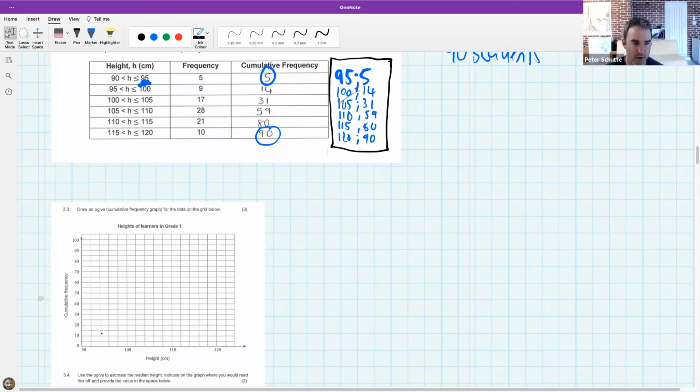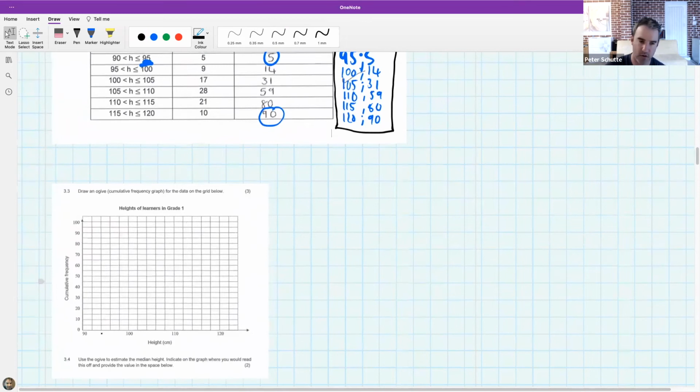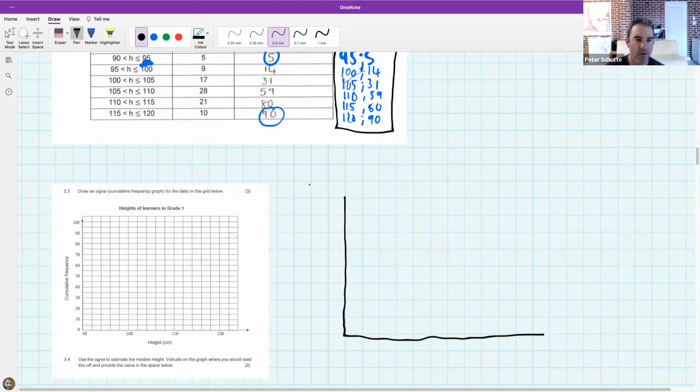But I want to give everyone enough time to do this. So think about what are the steps you need to go through. And clearly you are going to need a vertical axis and a horizontal axis. Your vertical axis is going to be a cumulative frequency column, and the horizontal is going to be height in centimeters.